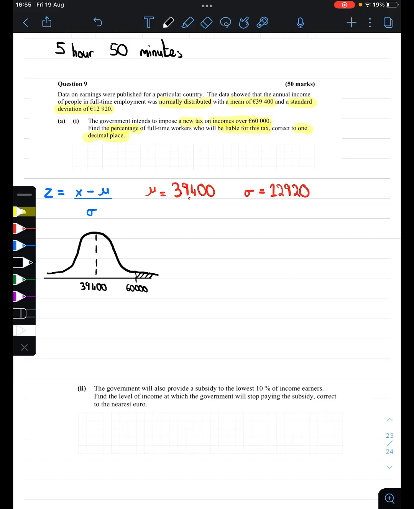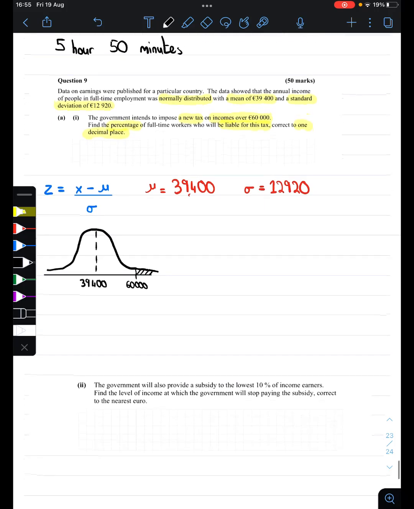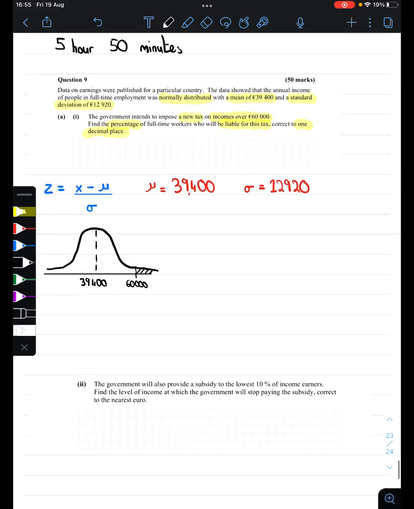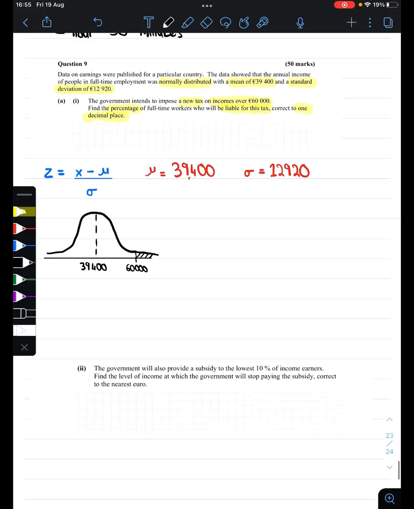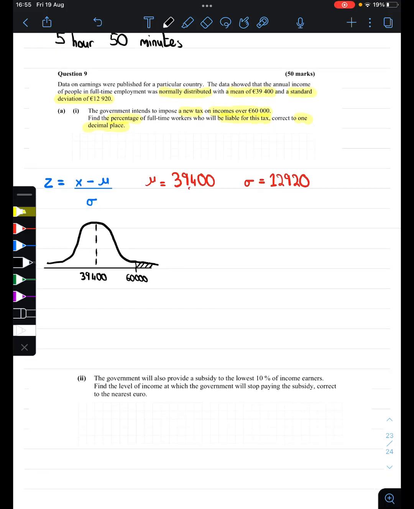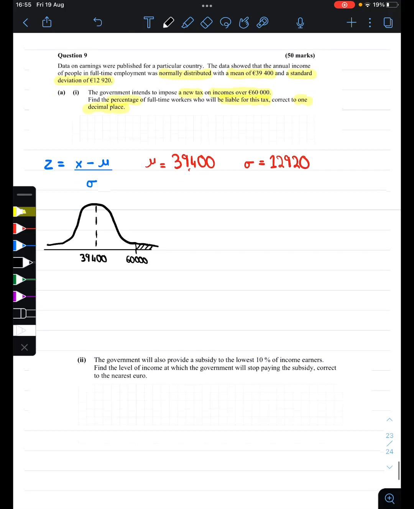Okay. And so, well, how are we gonna get this? Well, what we always want to do with these types of questions, where we have a normal distribution, is turn it into a standard normal. So the standard normal is the distribution that has mean 0 and standard deviation 1.